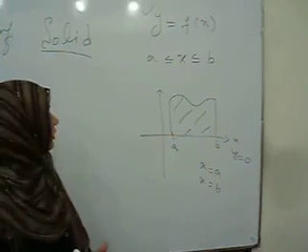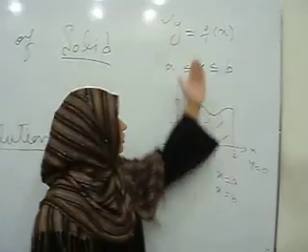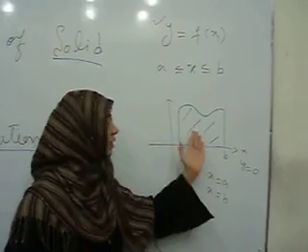So these four different functions, y equals f of x, y equals 0, x equals a and x equals b, bound this region.